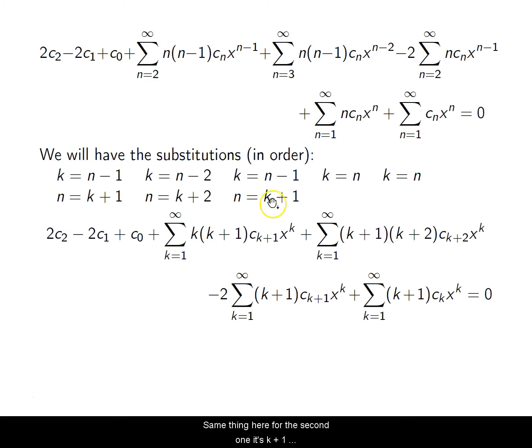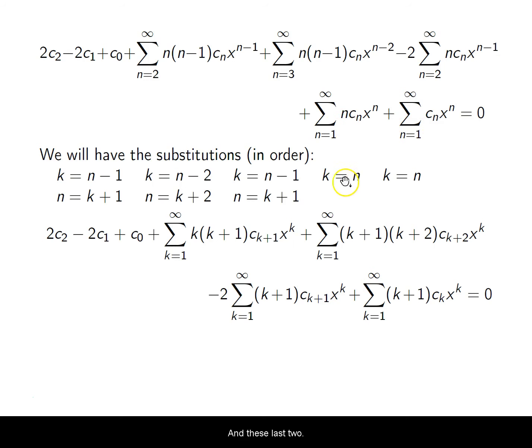Same thing here for the second one, it's k plus 1 everywhere. So k plus 1 equals 2, subtracting 1 gives me k equals 1. This n is now k plus 1, this n is k plus 1, and this is k plus 1 minus 1, which is k.